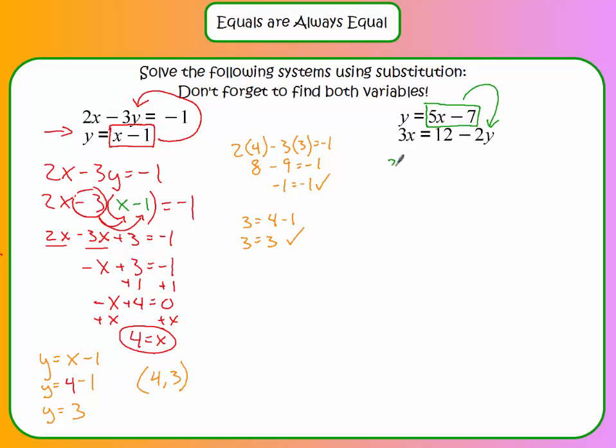So I start off with 3x equals 12 minus 2y. When I substitute that in, I have 3x equals 12 minus 2 times 5x minus 7. So again, I just substituted 5x minus 7 in where I saw a y.